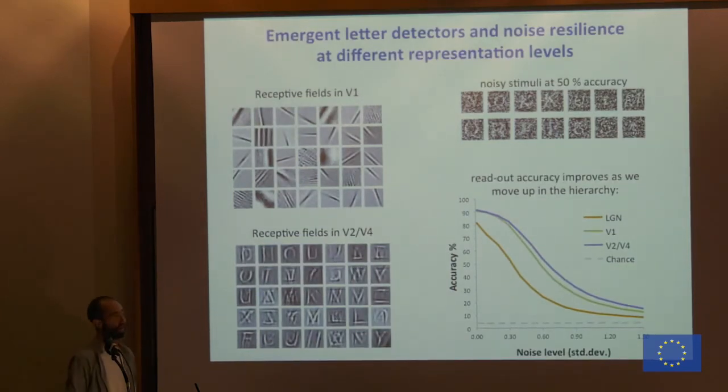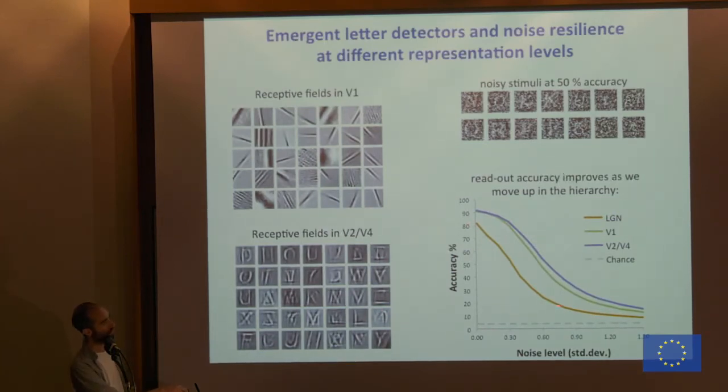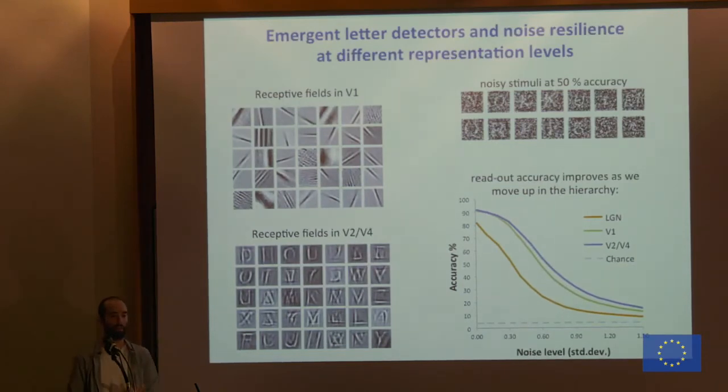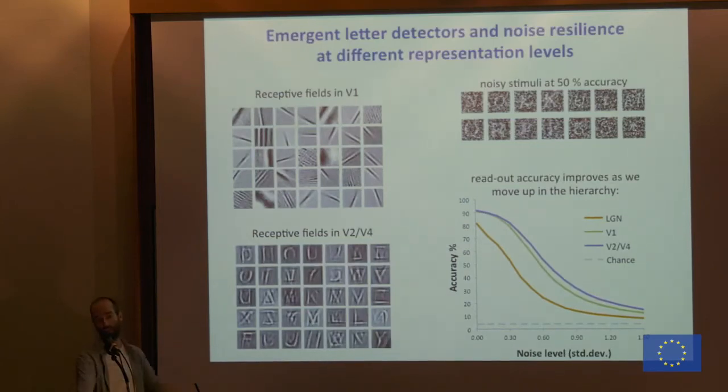We were also kind of surprised that a network trained directly on the letters had its performance dropping much faster. One possible explanation is that it's more prone to overfitting because you maybe don't have enough variability in your training data set, so it's picking up too-specific features. Instead, with a huge amount of natural images, you are reducing the overfitting of the model. So it makes sense at the end, I think.